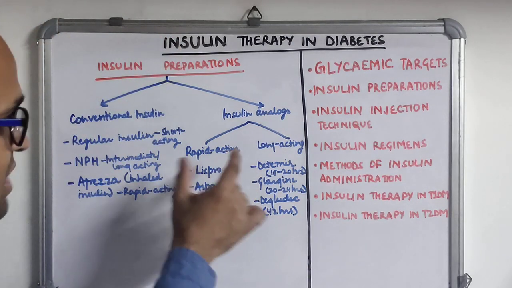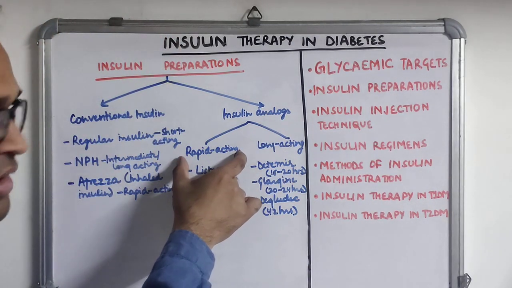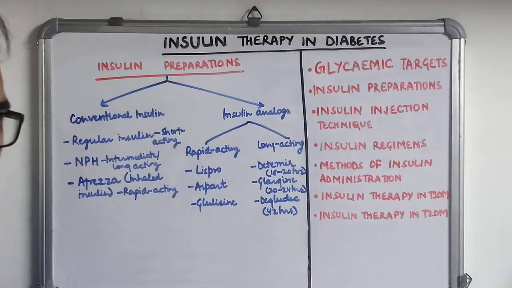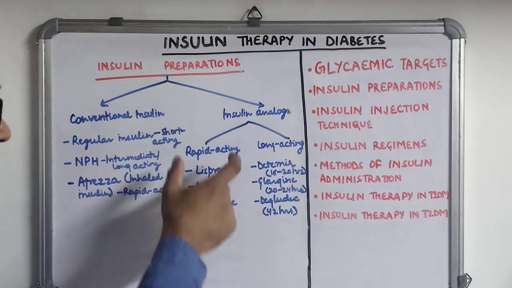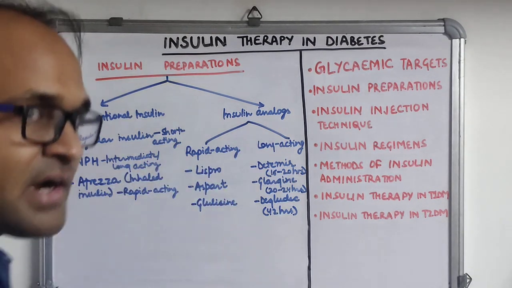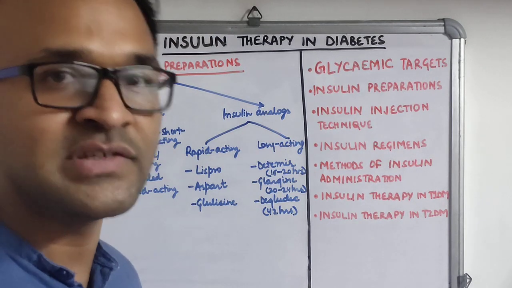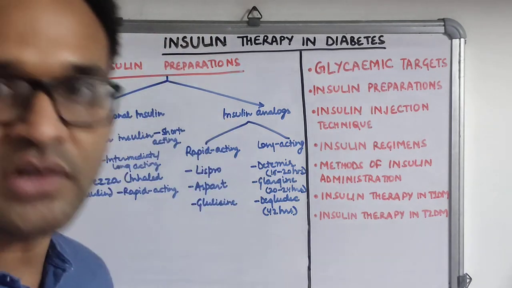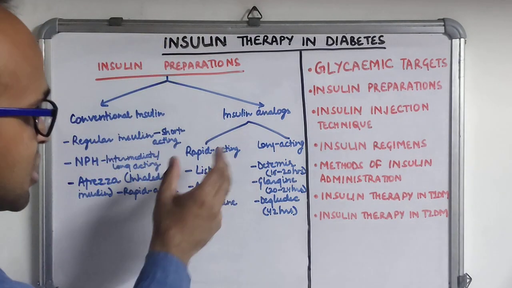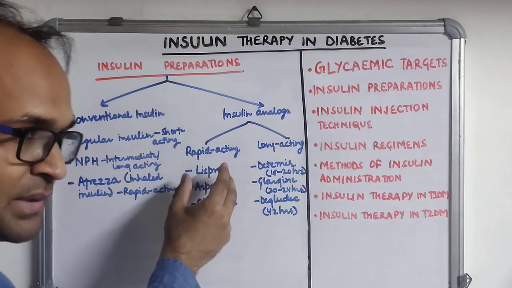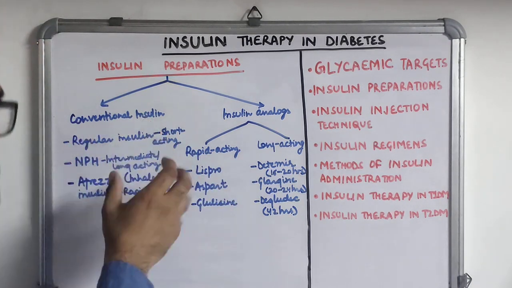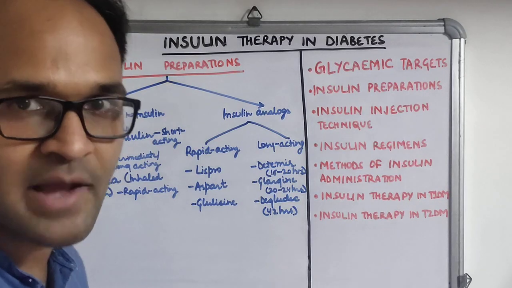If I talk about rapid acting insulin, how is it better than regular insulin? It is again rapid acting, but it correlates more to the physiological peak of insulin after a meal. So they have an earlier peak than regular insulin, and that's why there is decreased risk of hypoglycemia.